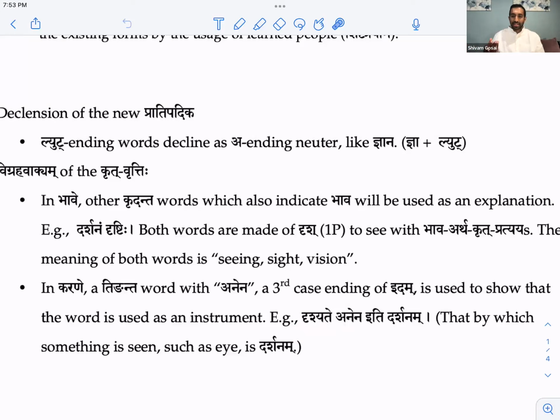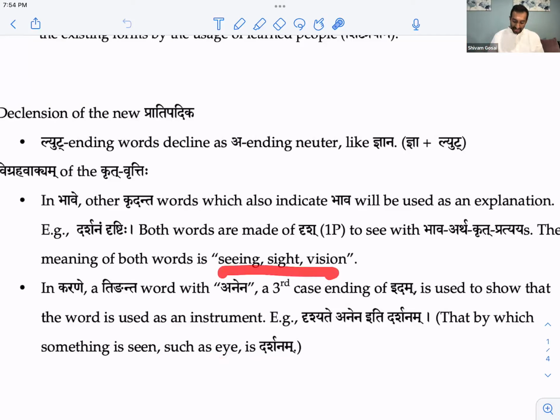Right? Anena means third case of idam. So it's by this, by which, by this something, if we can translate. They're adding more words, but it's simply by this. That by which something is seen. For example, an eye is darshan. But you have to see which vyutpatti they are using in making the word.